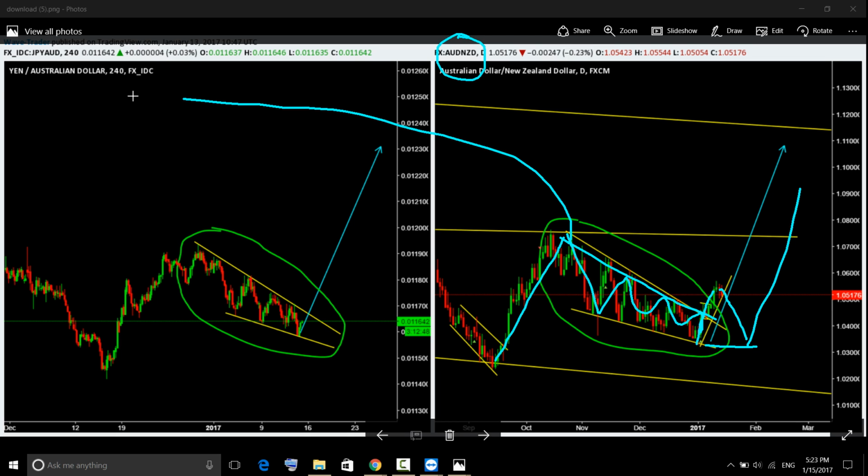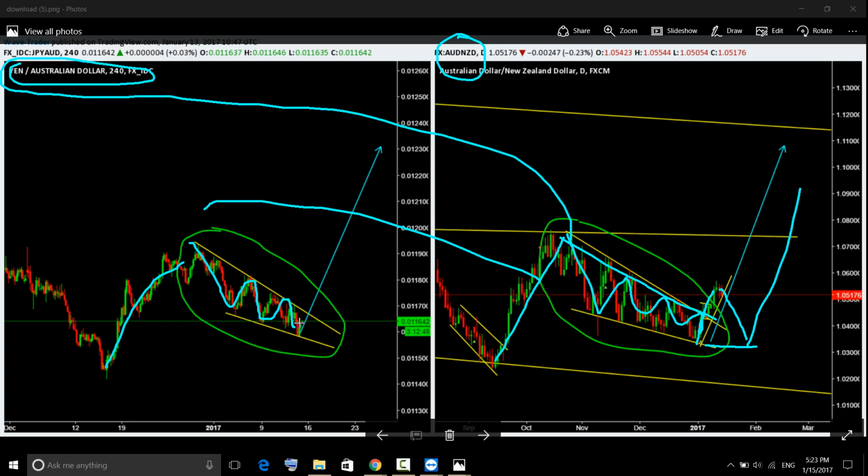The same pattern is forming on yen and Australian dollar, or Australian dollar and yen. You can see the impulse started to form a trend continuation pattern, and this trend continuation pattern behaves the same as the other pattern. This pattern is going to behave the same as this pair.